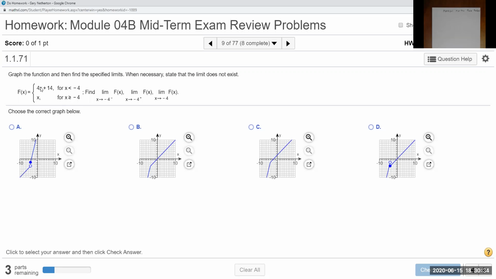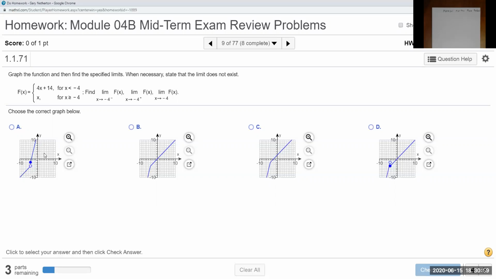Coming from the left, as we approach -4, this is my function. But once I pass -4, then my function is simply x, which is once again going to be a line with a slope of 1. So I have two lines here, both with a positive slope.